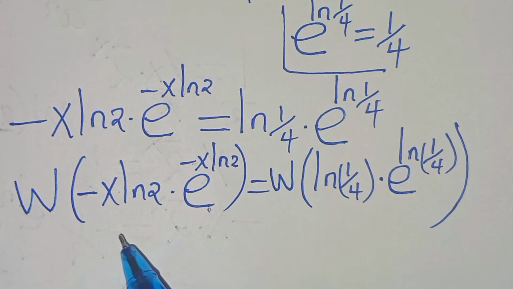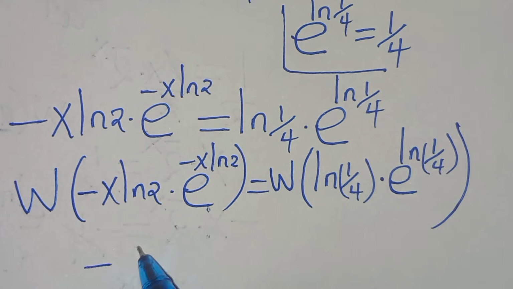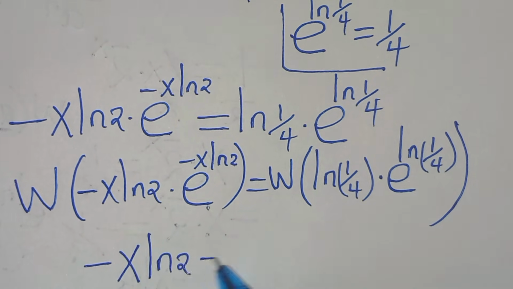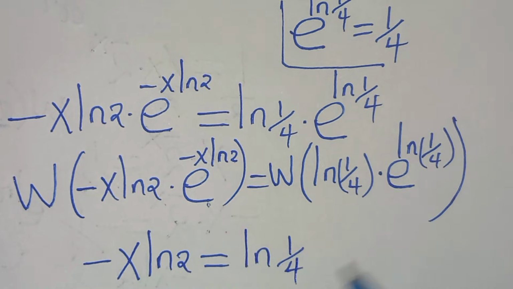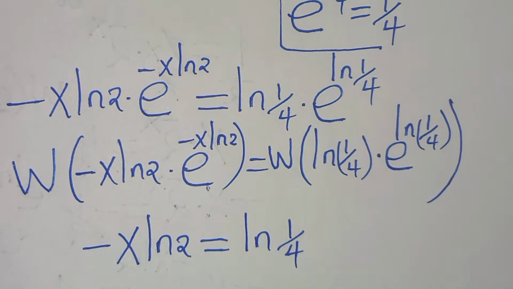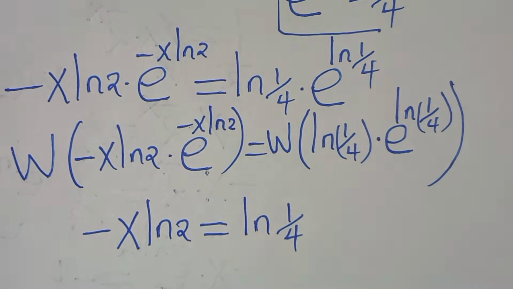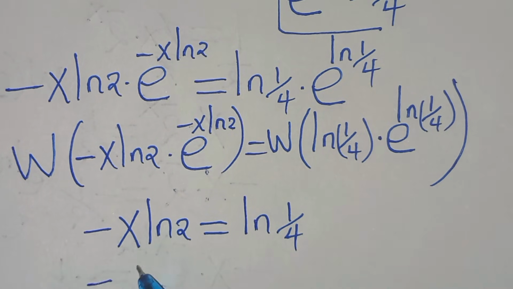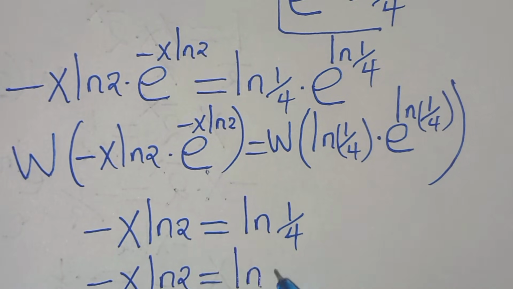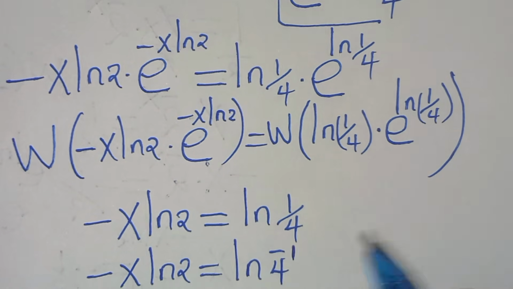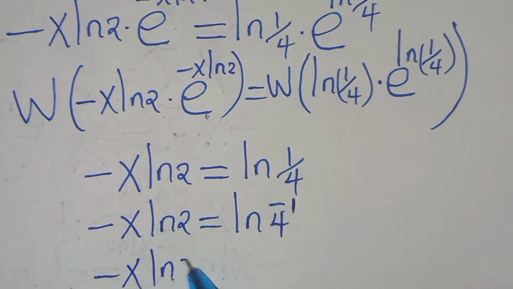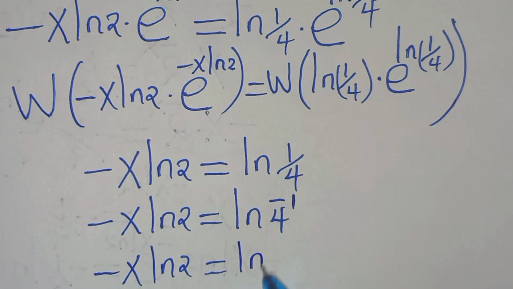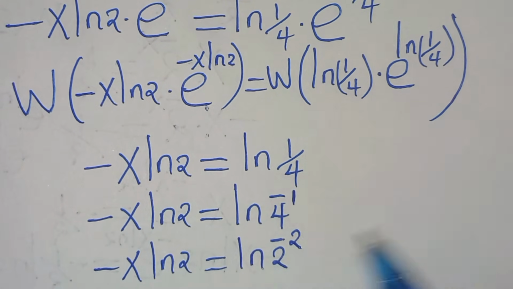So this implies that on the left hand side we have minus x ln of 2. This is equal to ln of 1 over 4. Now we have that this is the same thing as minus x ln of 2 equal to ln of 4 raised to the power of minus 1, which you can express as minus x ln of 2 equal to ln of 2 to the power of minus 2.